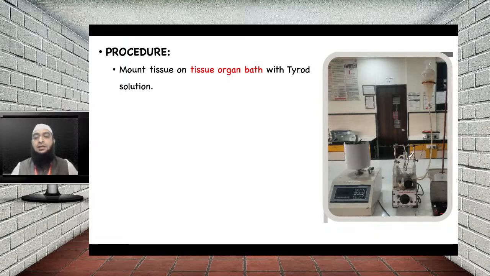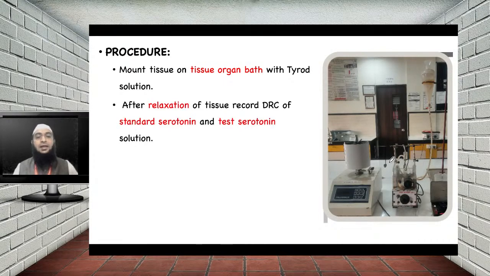Then you are filling the Tyrode solution inside this tissue organ bath, and once that is done, then you are keeping the extra load down, okay. So the moment the extra load is down, the tissue will start relaxing. So after relaxation of the tissue, you can record the DRC of both the standard serotonin and test serotonin.